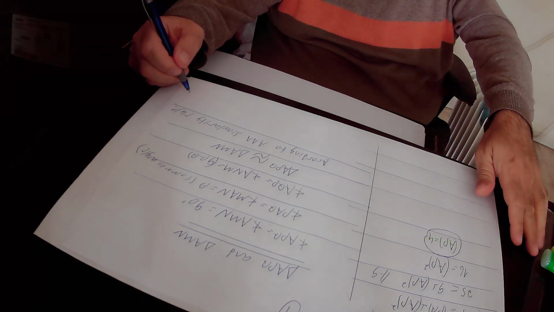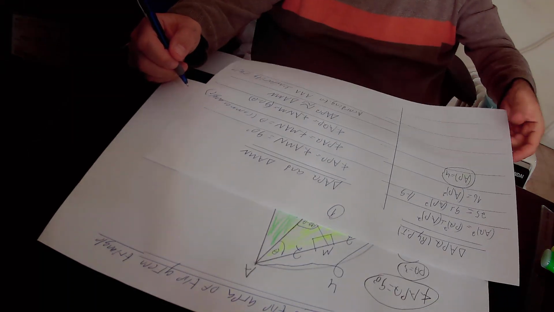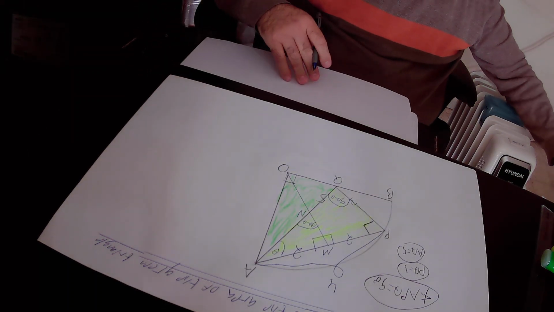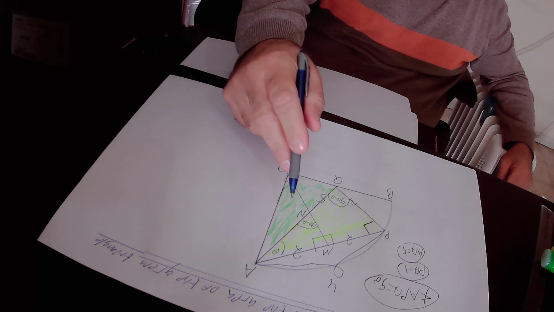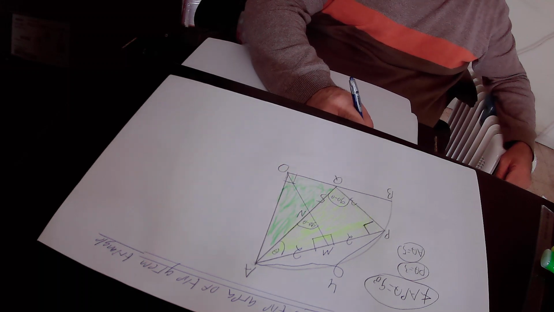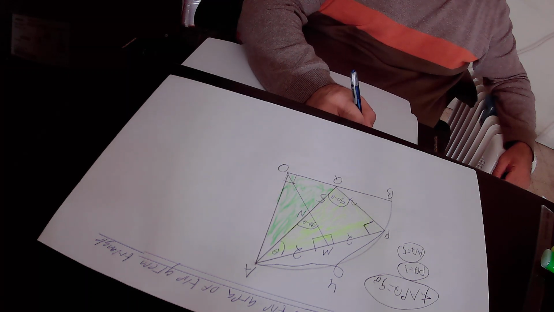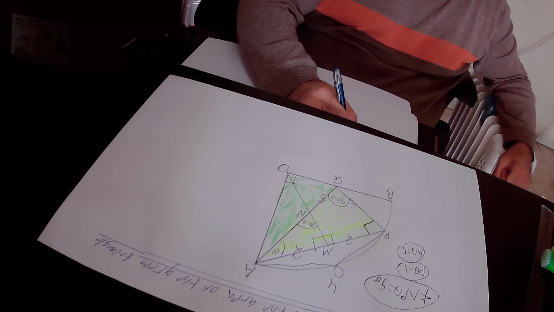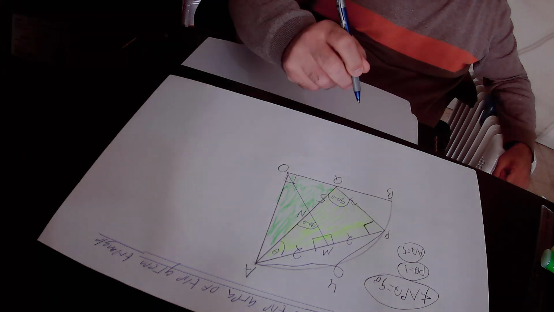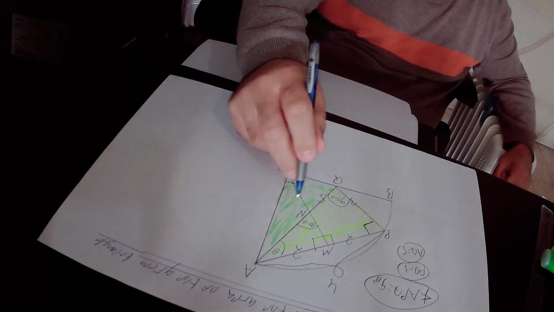From the fact that the two triangles are similar to each other, we conclude that PA in the big triangle over MA in the small triangle equals PQ in the big triangle over MN in the small triangle, and it is equal to QA in the big triangle over NA in the small triangle.